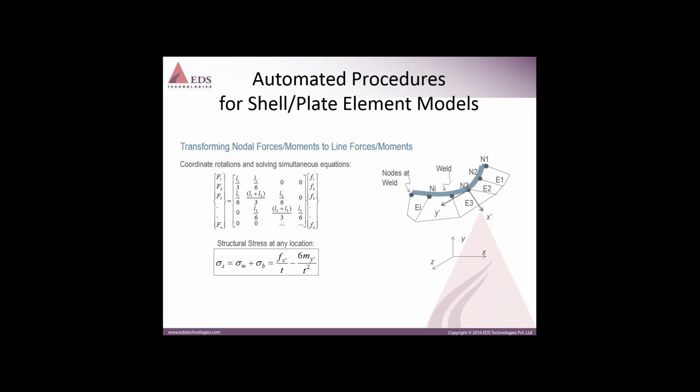Essentially, the method needs to track its way along these nodes, with the nodal force vector on the left and the geometry at the center. Then it is used to convert the nodal forces to line forces and line moments. Based on these you can calculate your structural stresses.